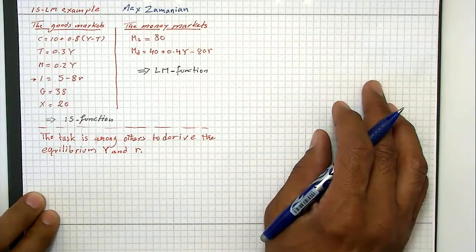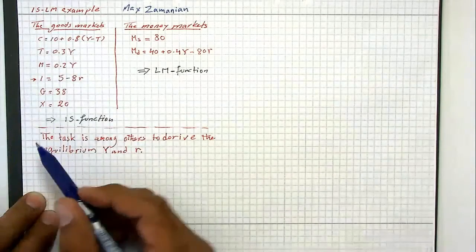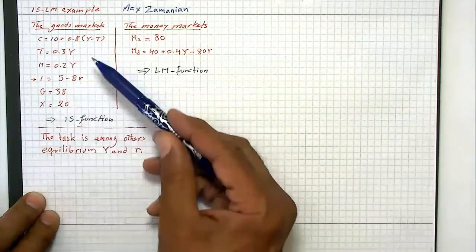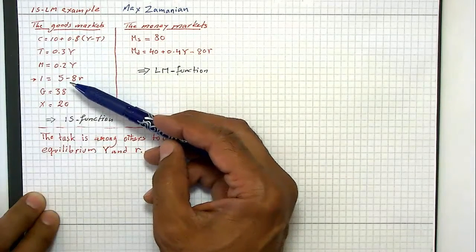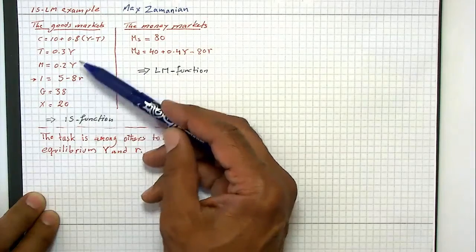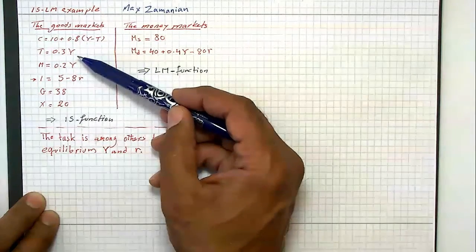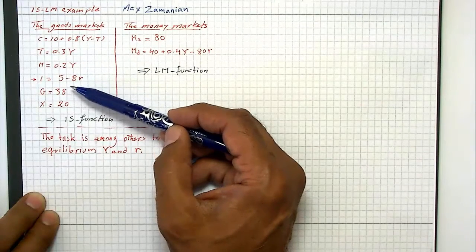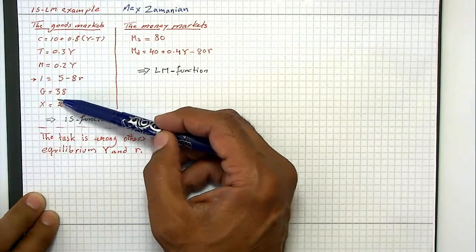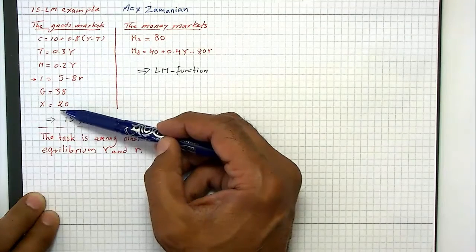So a typical problem in the area of ISLM is that you have the information of how the goods markets are. This is the consumption function, tax function, import function, investment function, the amount of government expenditure and export.